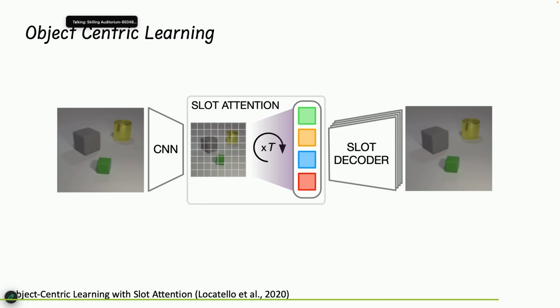If you're doing computer vision, you might have heard about object-centric learning. There's a very foundational method called slot attention from Locatello. This is basically an encoder-decoder framework, and between the encoder and decoder you have the feature space, right?